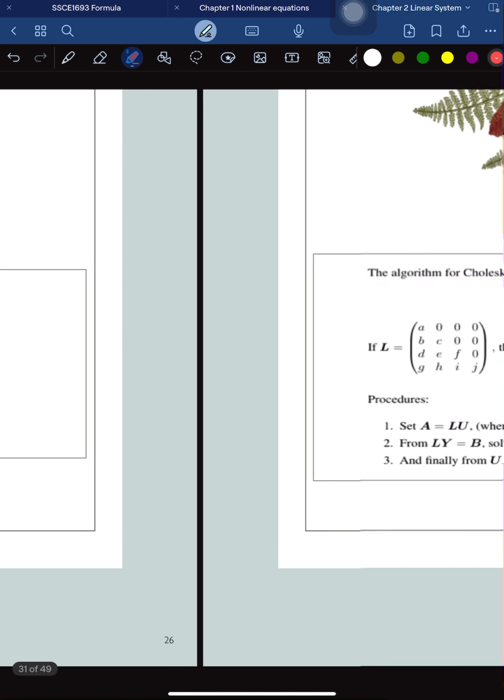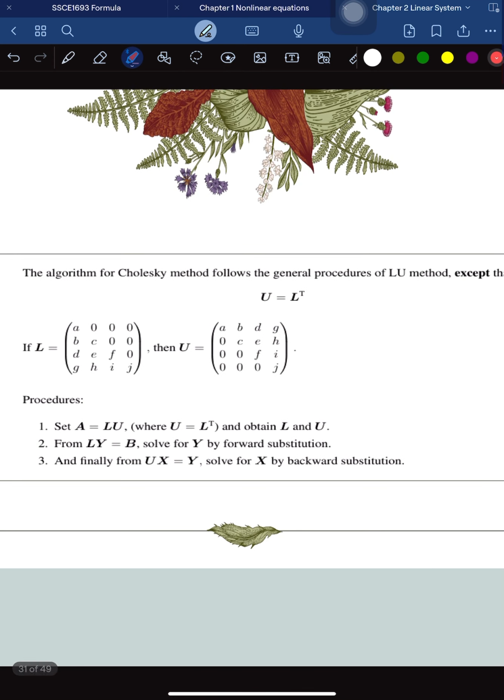Right. For the Cholesky method, similar to Doolittle, you have to reduce your matrix A to A equal to LU.